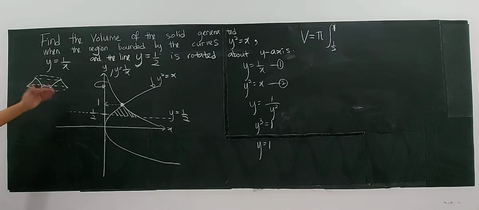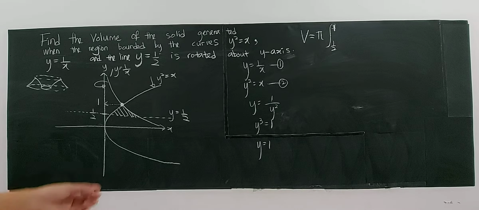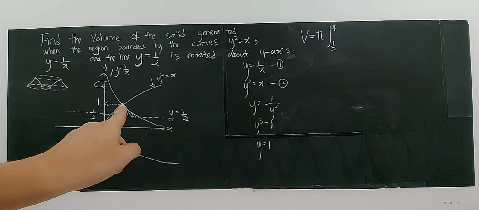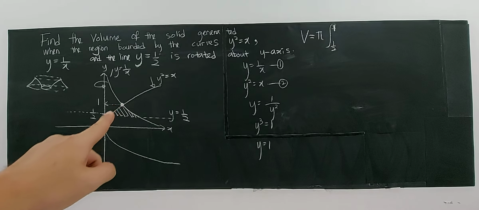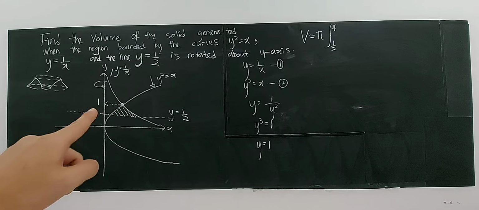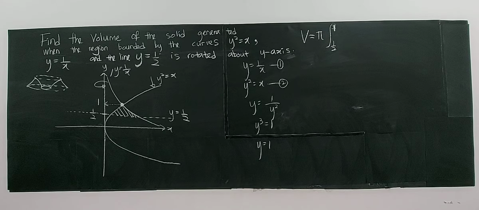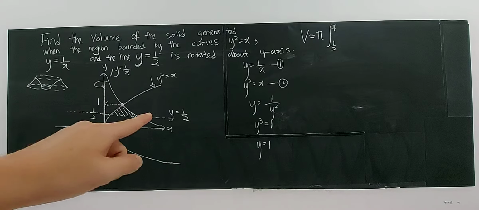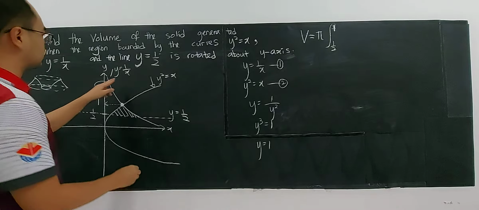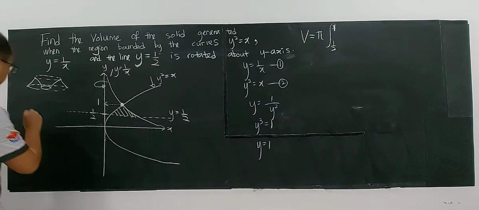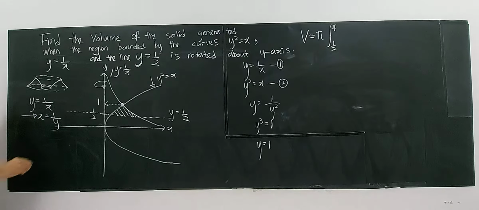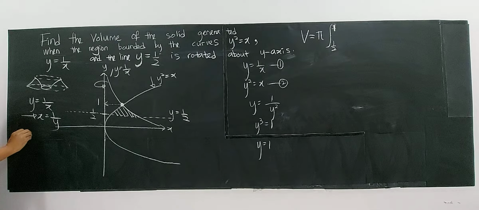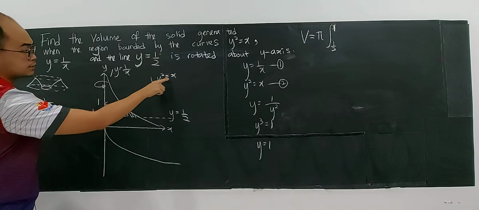So I take the bigger solid after rotation minus the solid of this curve when it's rotated. I take the reciprocal graph and write it in terms of y: y equals 1 over x becomes x equals 1 over y, as I want to rotate about the y-axis. And for this one, we have x equals y squared.